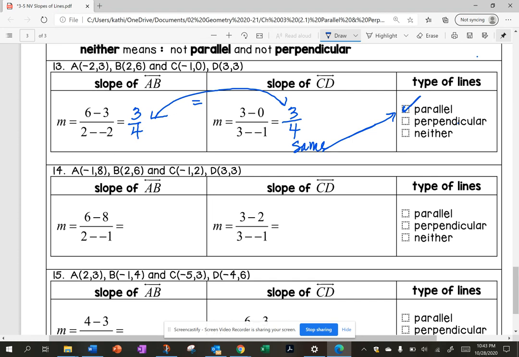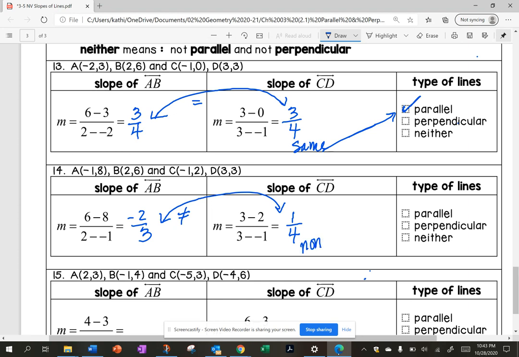Let's try my next example. 6 minus 8 is -2. -2 minus a -1 is -2 plus 1, which is -1. 3 minus 2 is 1. 3 minus a -1 is 3 plus 1, which is 4. So when I'm looking at these, they are not equal.